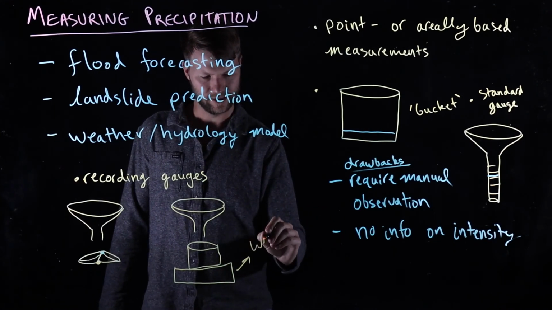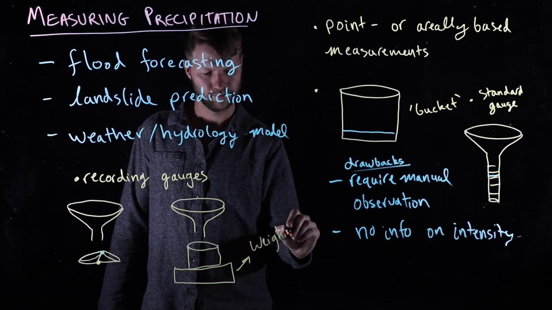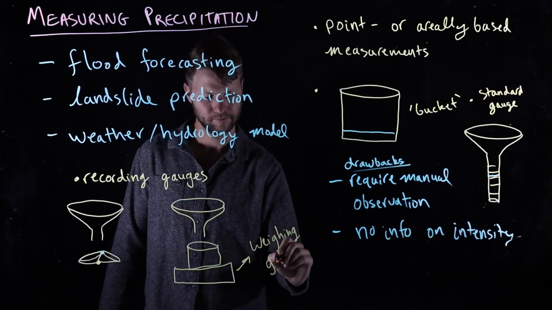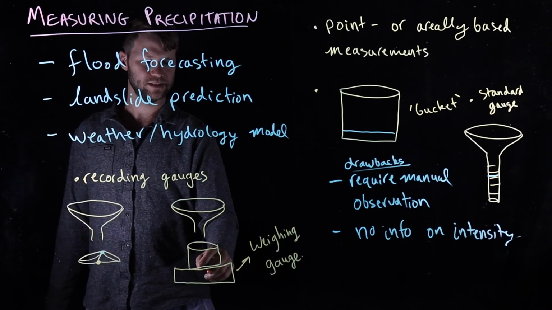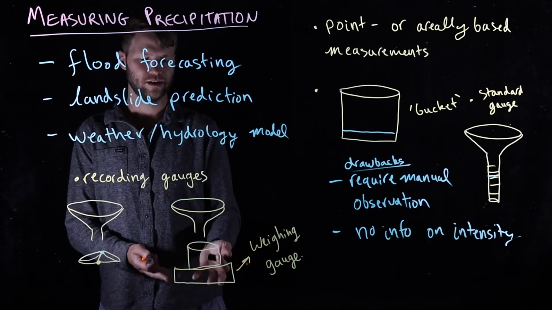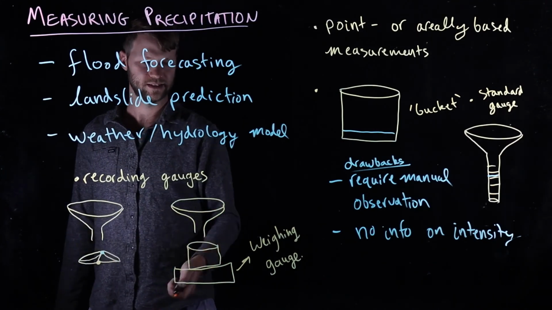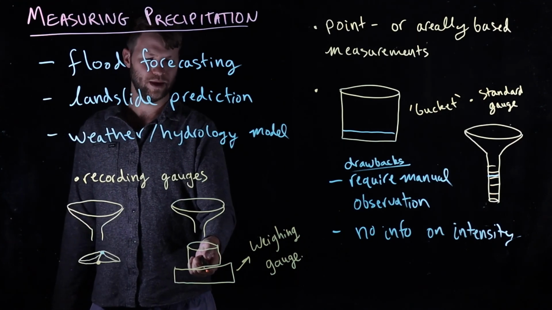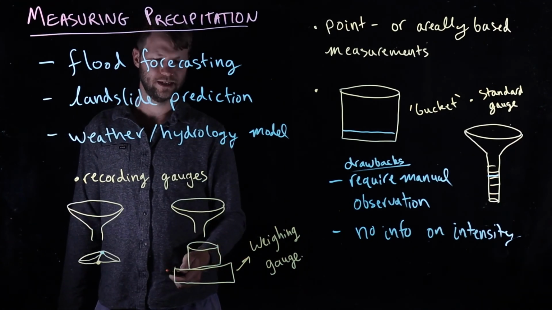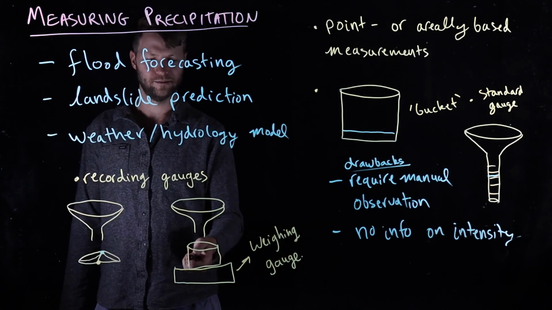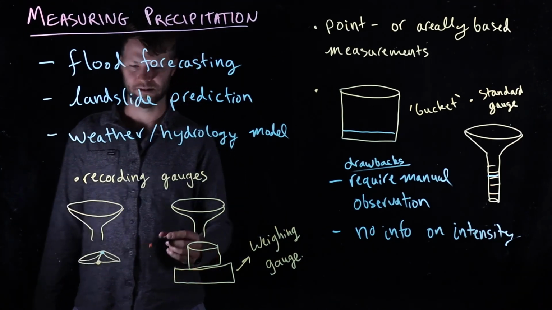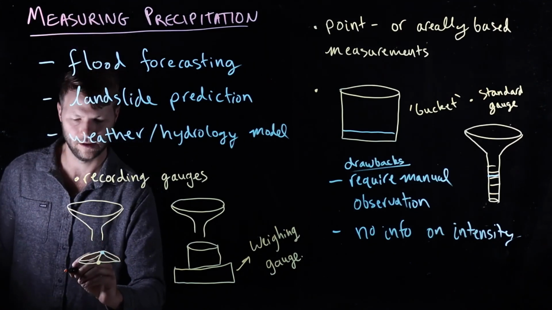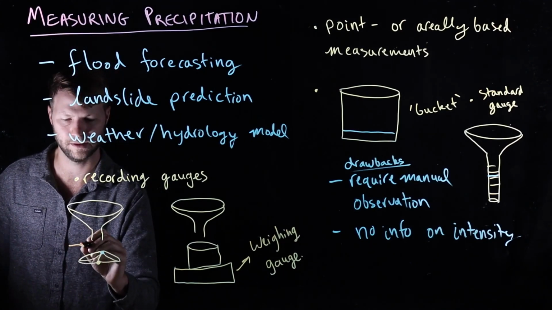So this is a weighing gauge. And so this is continuously recording the weight, and as the amount of water increases, the weight increases, and you can record that through time to get an estimate of the intensities and the total amount. With this one, you need to figure out some way to empty this periodically, and there are a variety of ways to do that. I'll note that this is the tipping bucket gauge.